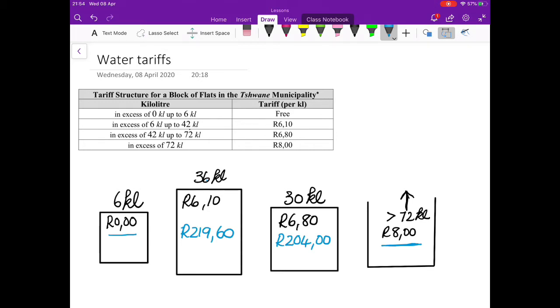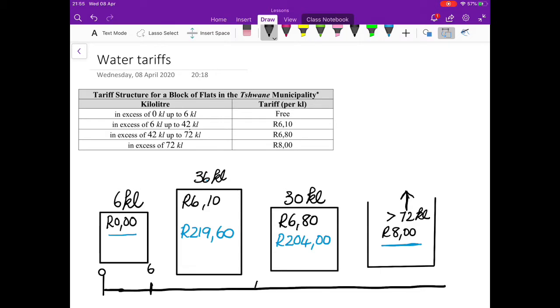Right, it is also a good idea to perhaps put this on a number line. So if I start at 0, my first lot of water will take me up to 6 kiloliters. My next bucket of water takes me up to 42 kiloliters. The next one takes me up to 72 kiloliters.